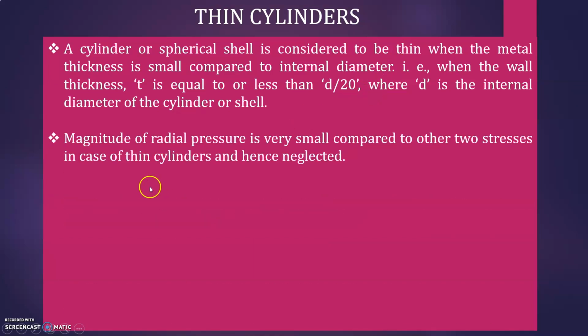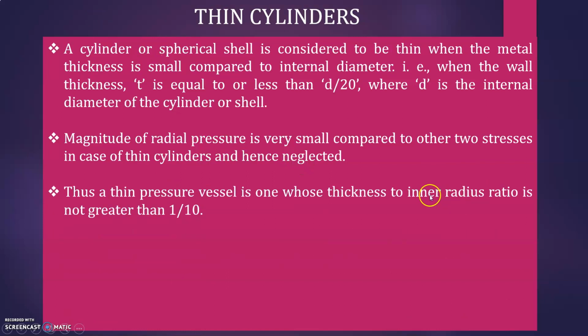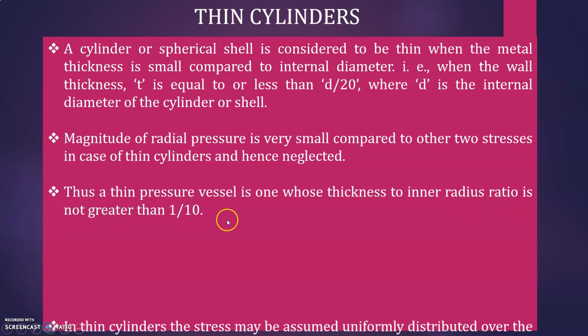Here the magnitude of radial pressure is very small compared to the other two stresses in the case of thin cylinders, and hence it is neglected. The other two stresses are circumferential stress and longitudinal stress, but radial stress is very small, so it is neglected in the case of thin cylinders. Thus, a thin pressure vessel is one whose thickness to inner radius ratio is not greater than 1 divided by 10.